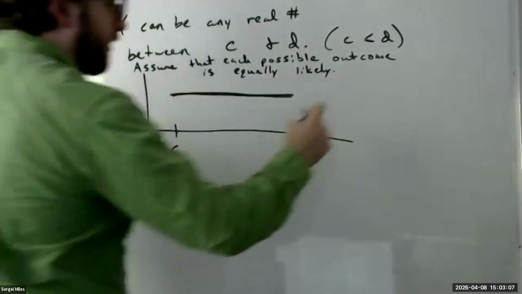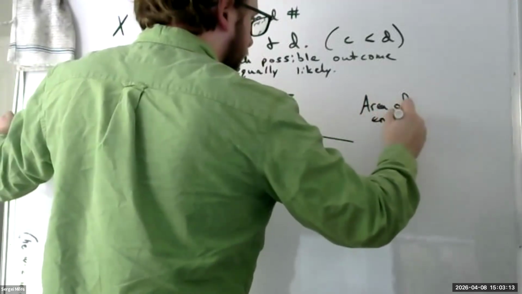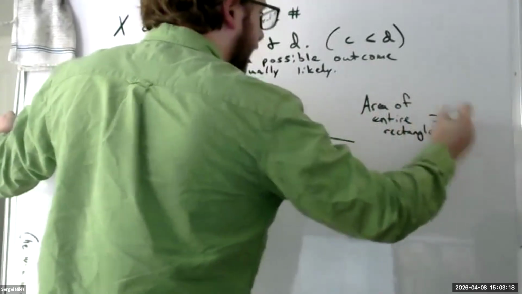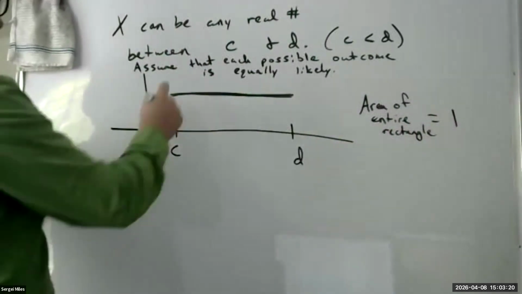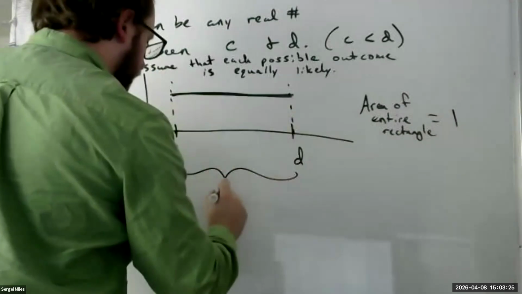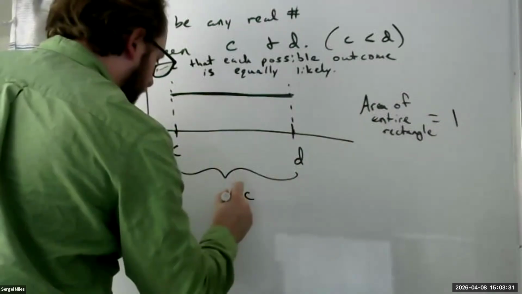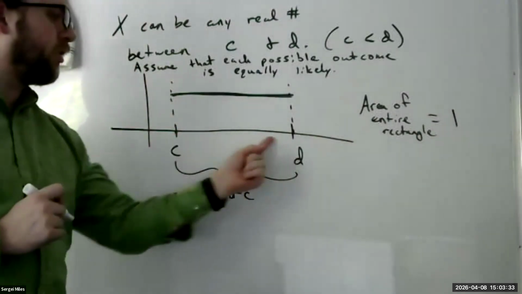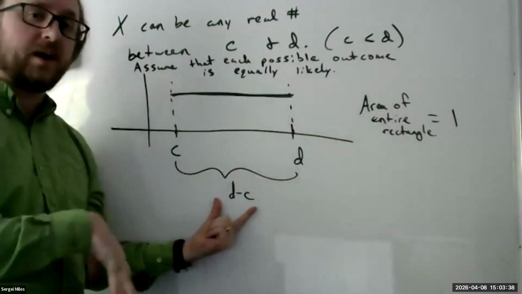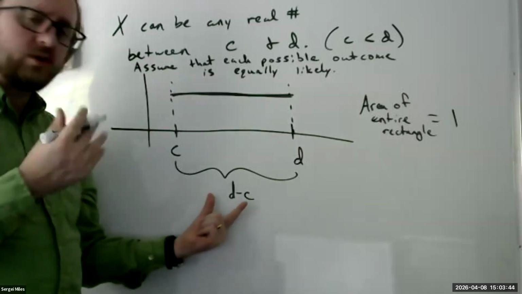Now, the area of the entire rectangle has to equal 1, right? If I have this length, which in total is D minus C, if D is bigger than C, then D minus C will tell me how long this portion is. That's some length, just like we did earlier when we had 30 minus 10, or 0 and 10.